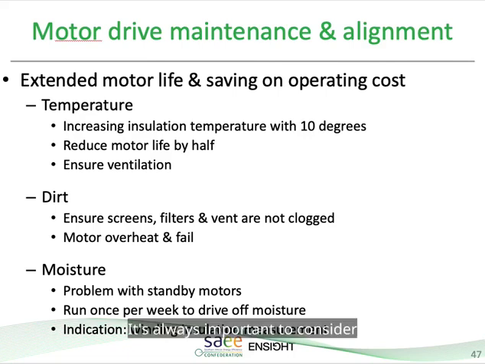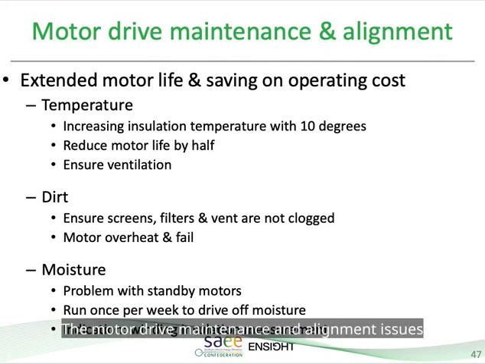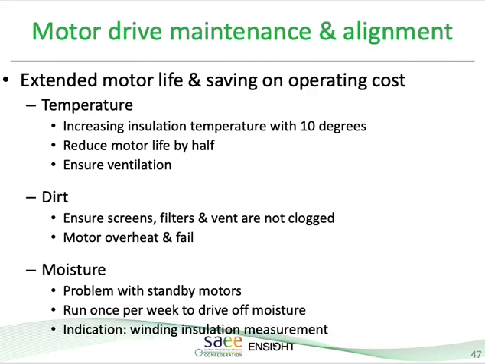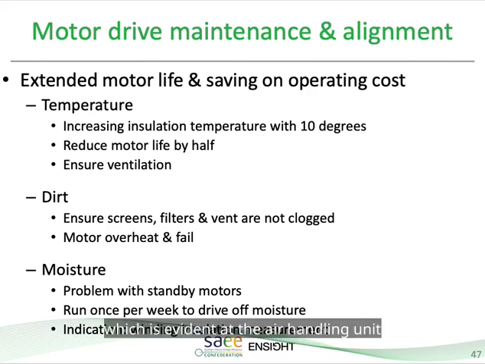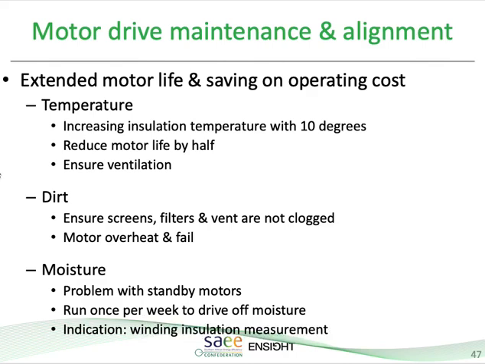It's always important to consider the motor drive maintenance and alignment. Motor drive maintenance and alignment issues cause a lot of efficiency losses within the system, especially with regards to belt drives, which is evident at the air handling units in the basement of the plant.